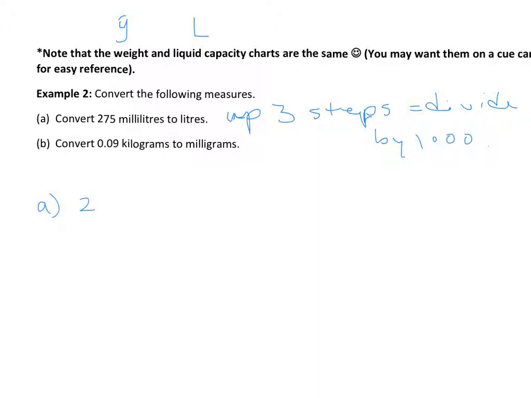So 275 milliliters equals, and I'll just show it in red on this example. The decimal place is going from here. I need to move it 3 times so it ends up in front of the 2, so 0.275 liters.